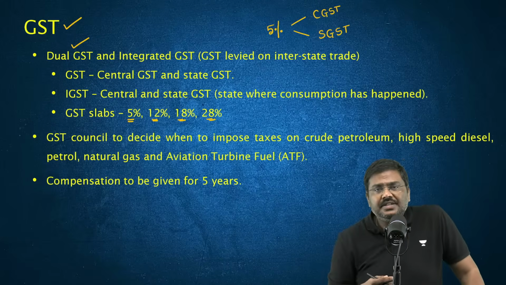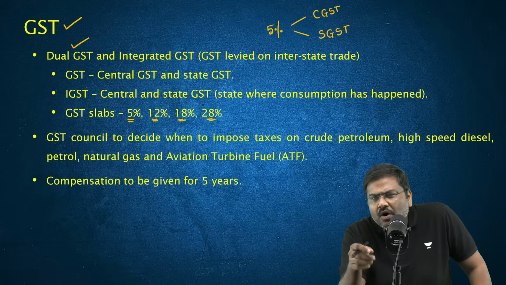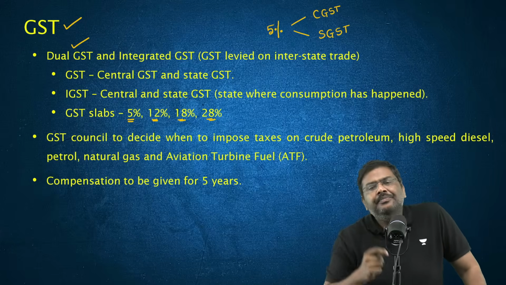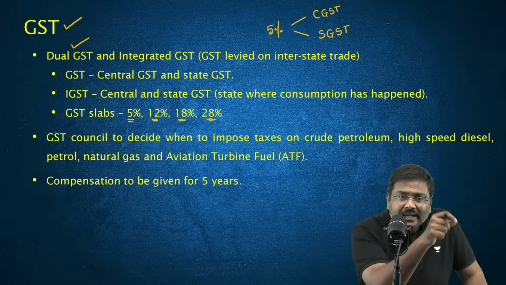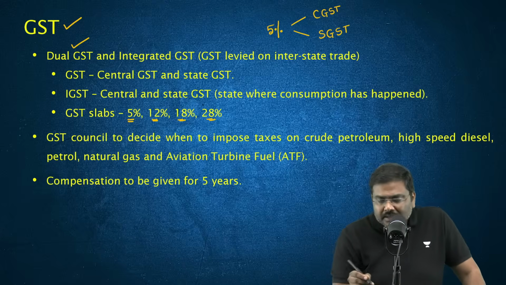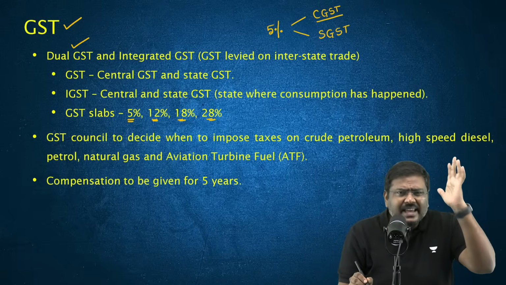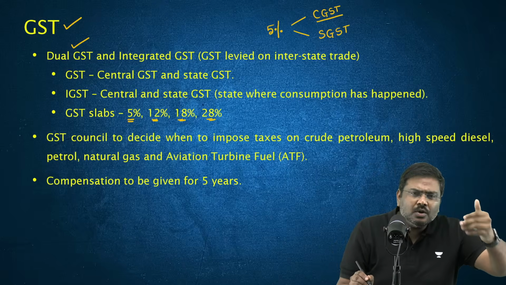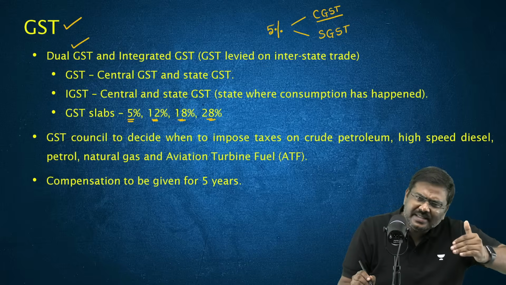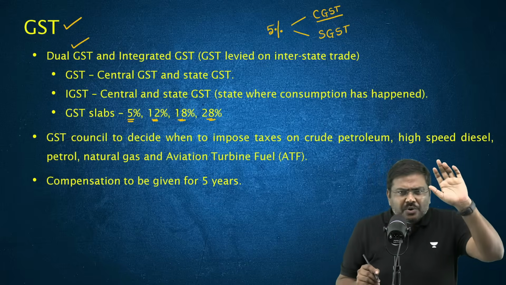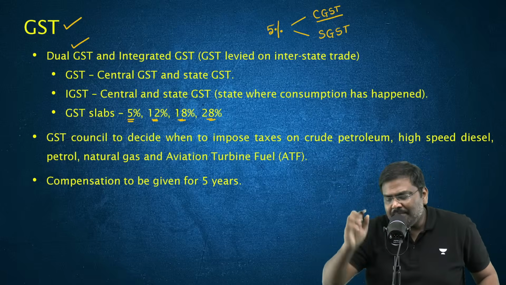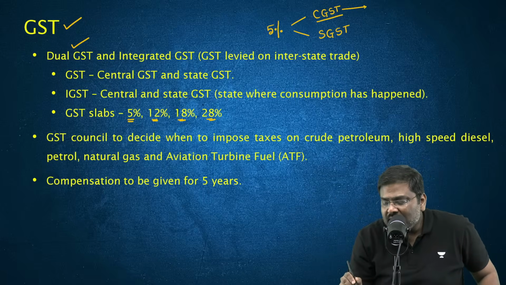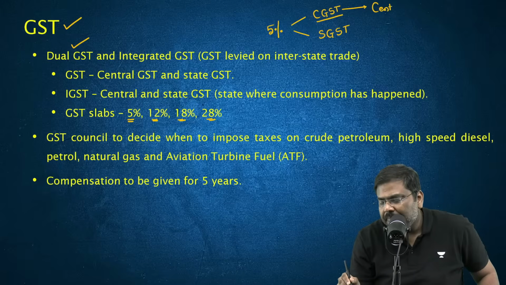CGST stands for Central GST, and SGST stands for State GST. The Central GST, whether the good is produced and consumed in the same state, or produced in one state and consumed in another, doesn't matter. It will always go to the central government.